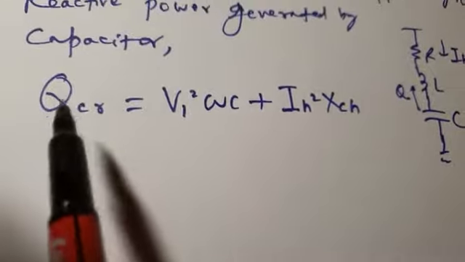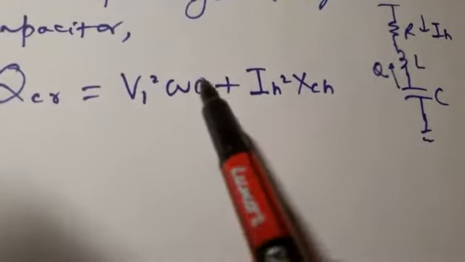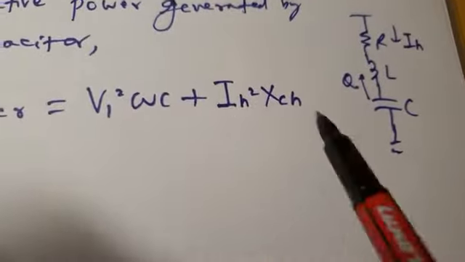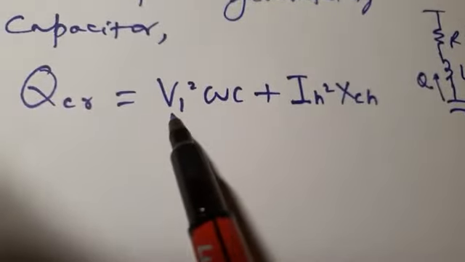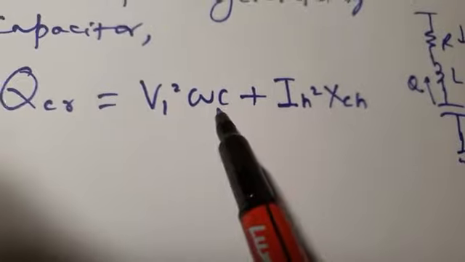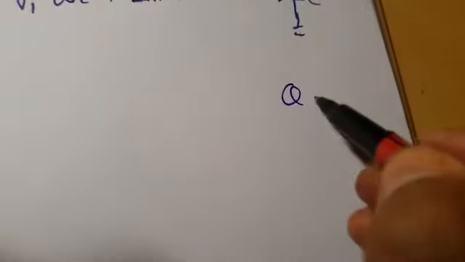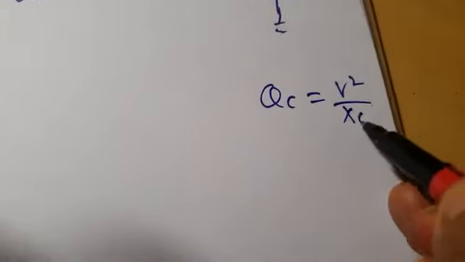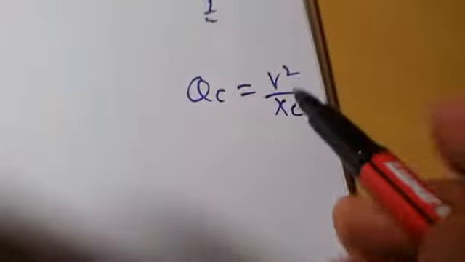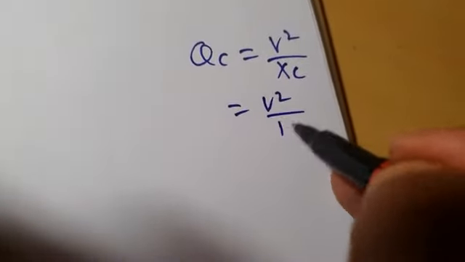So the total reactive power generated by this capacitor is fundamental reactive power plus harmonic reactive power. The expression for fundamental reactive power is V1 square by XC, since reactive power by a capacitor is given by V square by XC. XC is 1 by omega C. So that will be equal to V square by 1 by omega C.